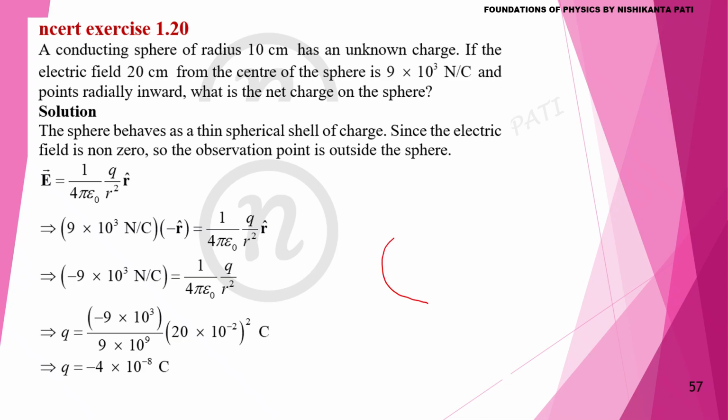If this is the spherical conductor, the charge exists only on the outer surface. This is the observation point. This is r vector. R cap is directed this way.